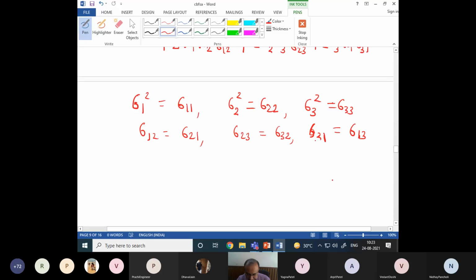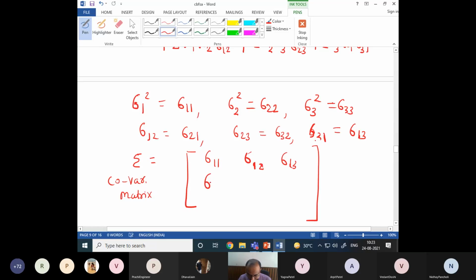And if I use this and try to express it in matrix form, this sigma is now a covariance matrix. I will define the covariance matrix like this: sigma 1 1, sigma 1 2 in the first row, and sigma 1 3.